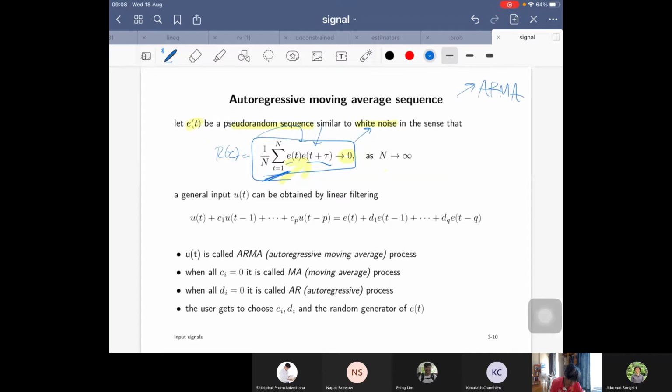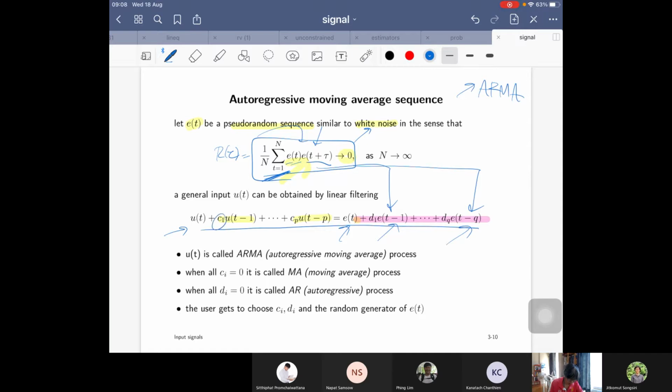Then we use the sequence e as the input to u(t), which has the equation of an ARMA process. Please recall that this is called the autoregressive part, and the other term is a sum of the instant noise and the past noises.